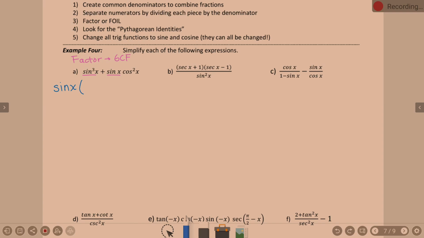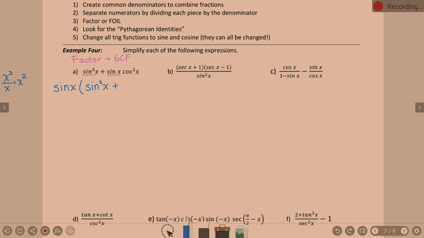Does that make sense? It's a lot like saying what is x cubed divided by x, right? If I had asked you what is x cubed divided by x, that would be x squared, right? So what is sine cubed divided by sine x? That is sine squared x.